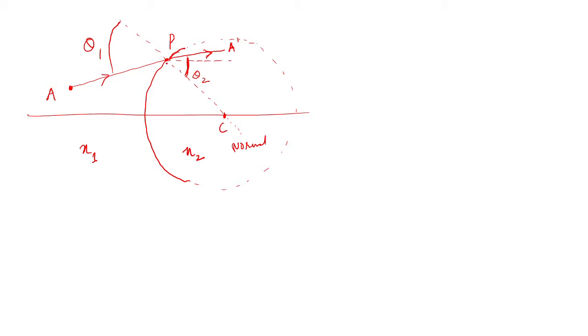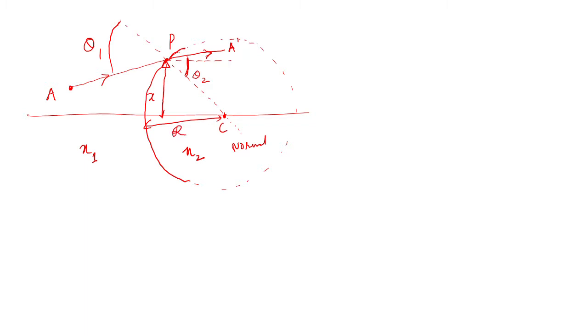We're going to denote this height from the optical axis to the point P where the ray of light is incident on the spherical surface as x, and the radius of curvature is of course r.